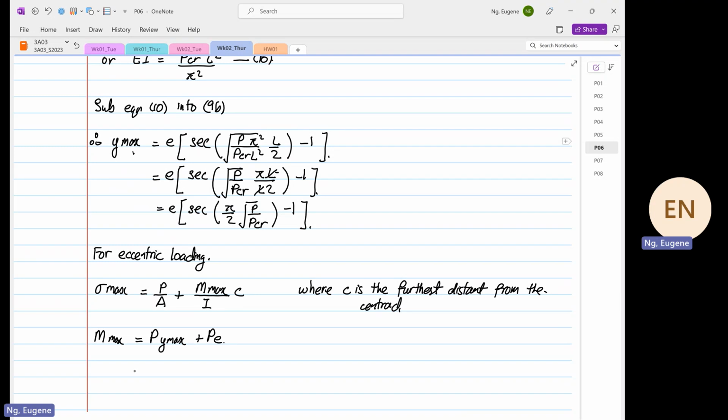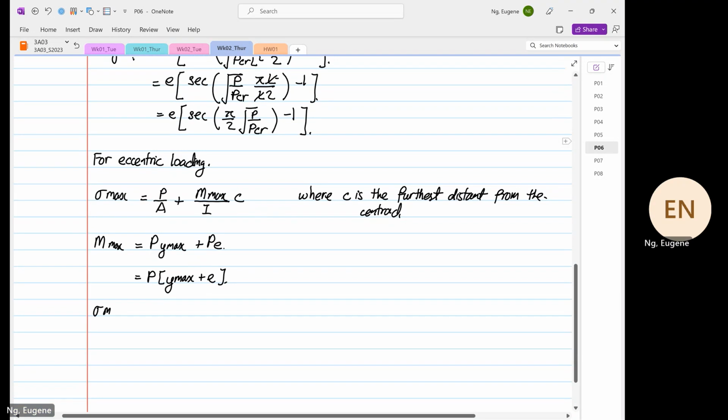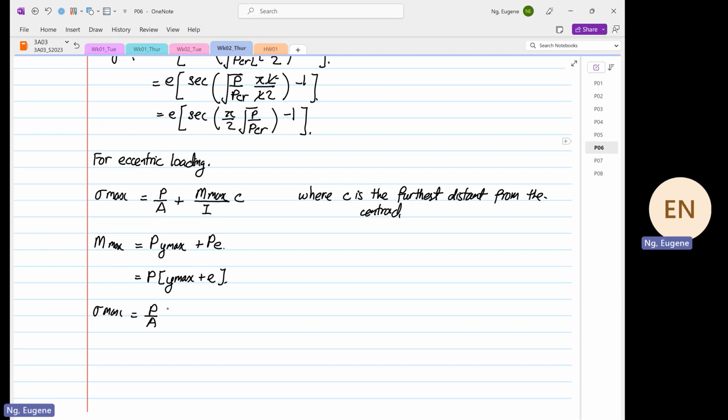So over here, you have P multiplied by Y max plus E. If I tidy things up, therefore stress max is equal to P over A plus P times Y max plus E, then we multiply by C, and then we divide the whole thing by I.